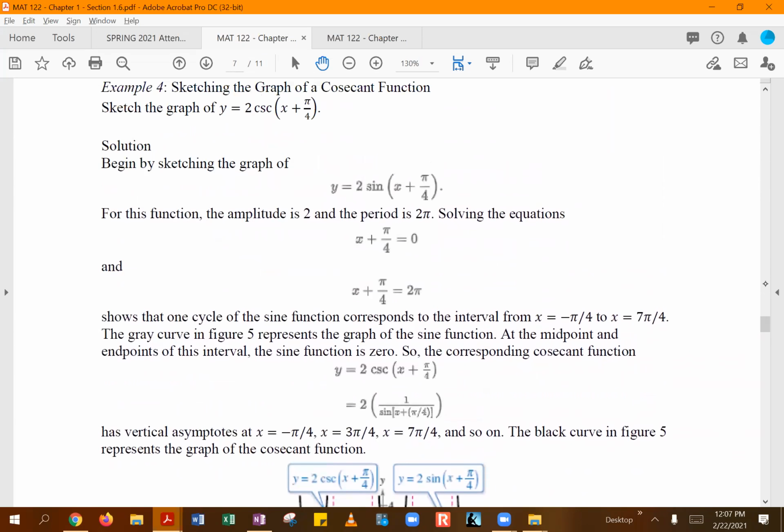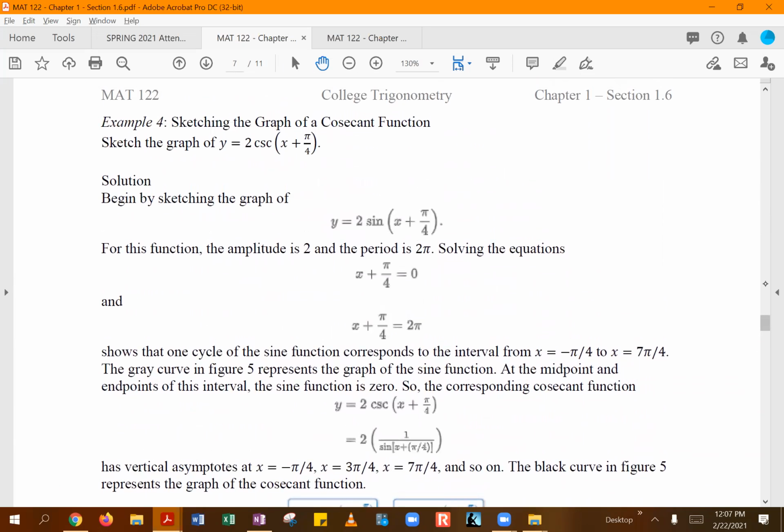This example shows you how you can set this up. Since we know the period of a sine function is 2 pi, we are going to use that idea to help us come up with where the asymptotes are. You are graphing this as your original function, y equals 2 times cosecant of x plus pi over 4.